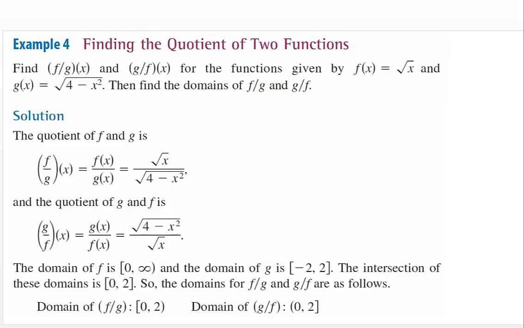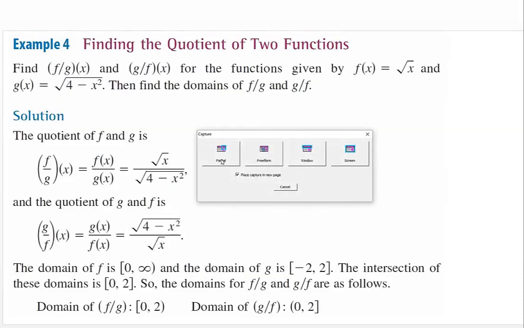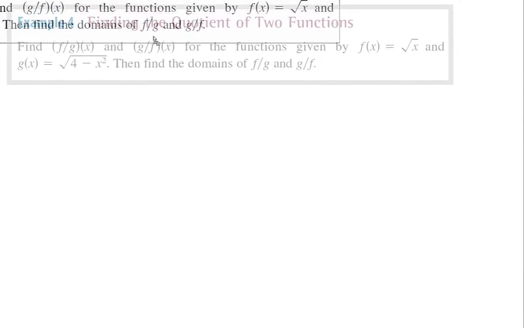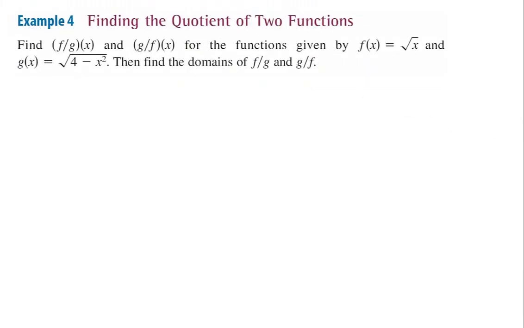Alright, so let's take a look at this division one. Let me crop this real quick. Okay. So first we need to find f divided by g of x, and then we're going to find g divided by f of x, for the functions given right here. Alright, so first of all, I'm going to focus on f divided by g of x.